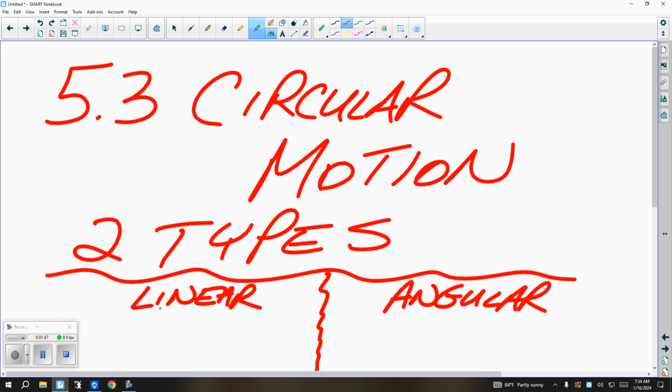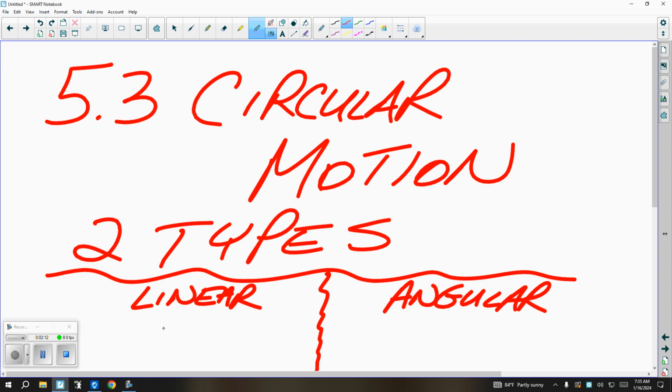Linear velocity or linear motion is like when your car is going forward. Angular motion is like your tire spinning around. And linear would be like when the tire hits the ground and it goes straight.